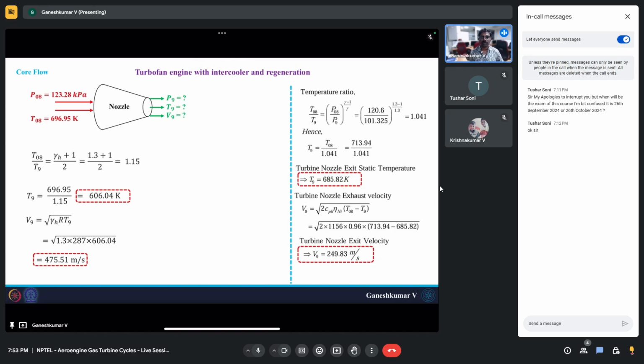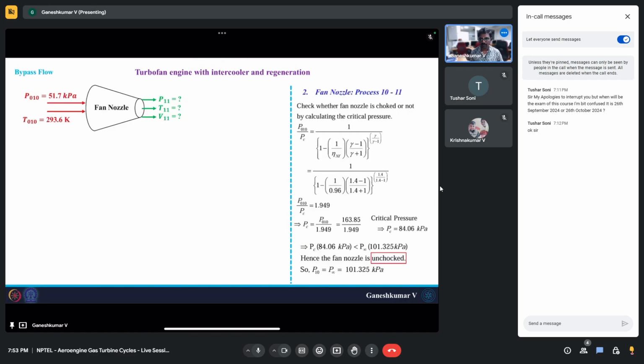Now we also need to do this for the bypass flow. In the bypass flow, the bypass stream has been heated from T02A to T010, so from around 248 to 280 Kelvin to 293.6 Kelvin. Now again the same usual procedure.